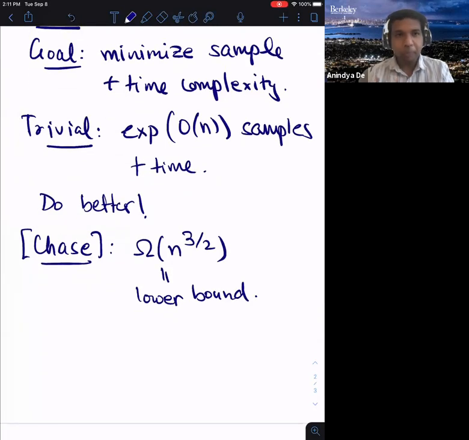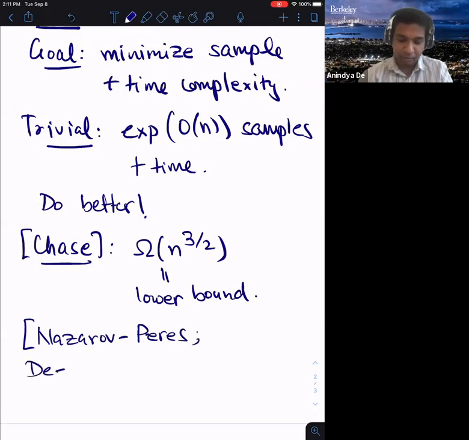And the upper bound, okay, so let me first say what was known until yesterday and what's known today. There's a paper by Nazarov and Peres, and a simultaneous work by myself, Ryan O'Donnell, and Rocco Servedio.